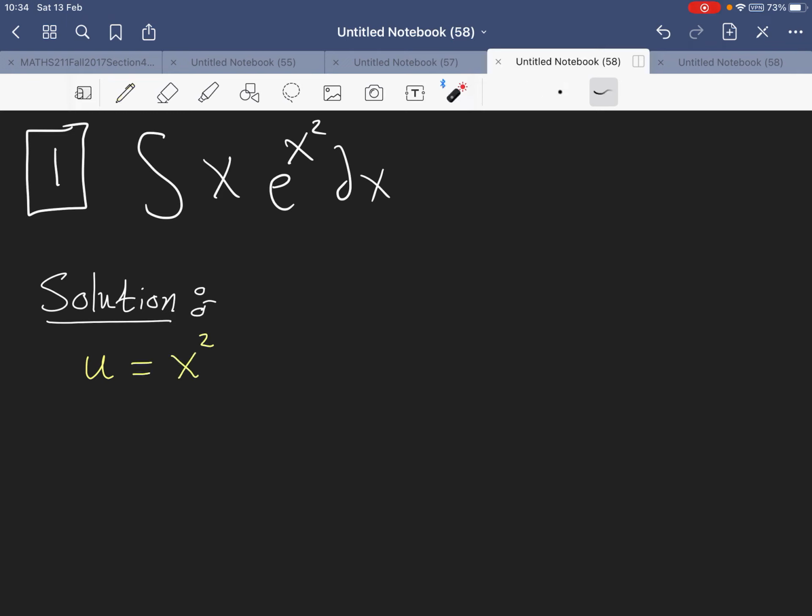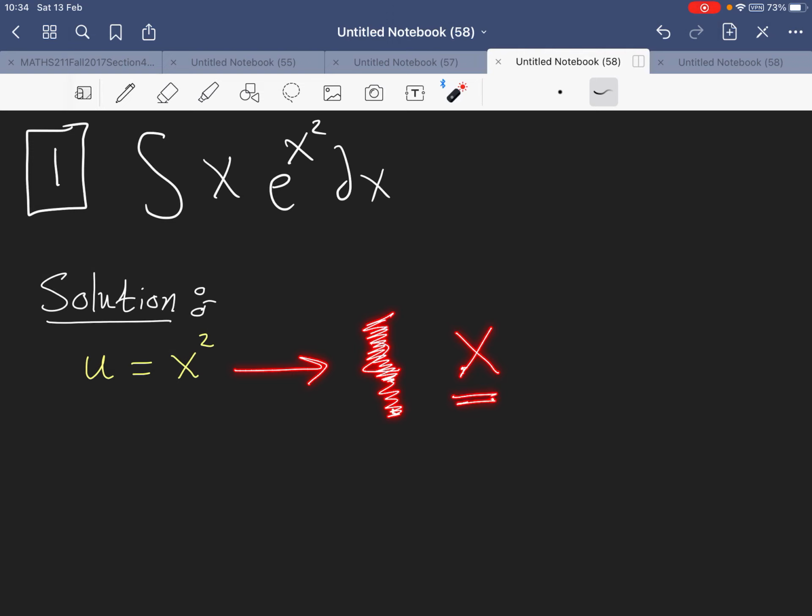Now how do I check if this is a correct choice? Maybe something else should be u. Take the derivative. The derivative is 2x. First of all, let's all agree we don't care about the numbers. This 2, forget about it. Don't look at it now. Just keep it hidden. Look at x.